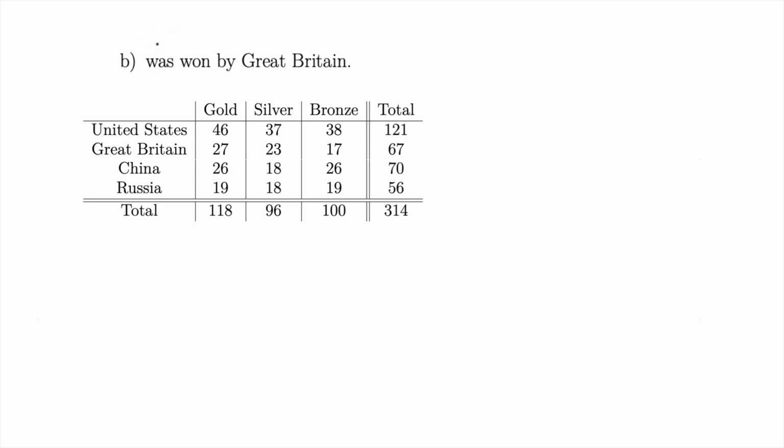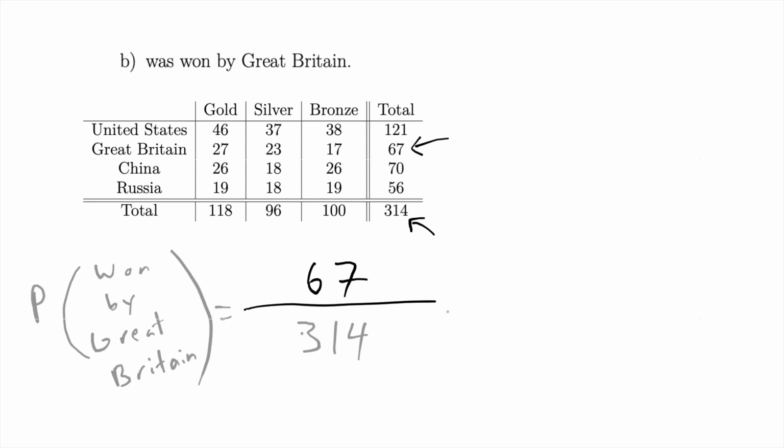And now we want the probability that a randomly selected medal was won by Great Britain. We need to know how many medals were won by Great Britain. That's 67. That's out of the grand total 314. We're allowed to find this probability just by counting because each of these medals is equally likely to be chosen.